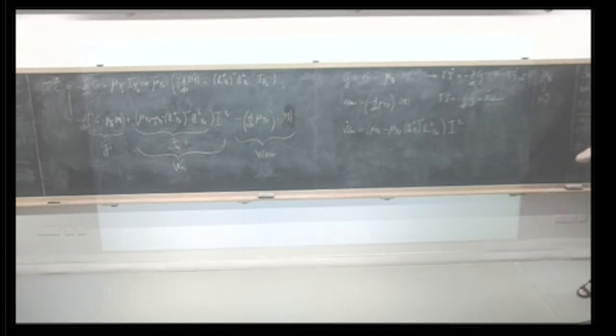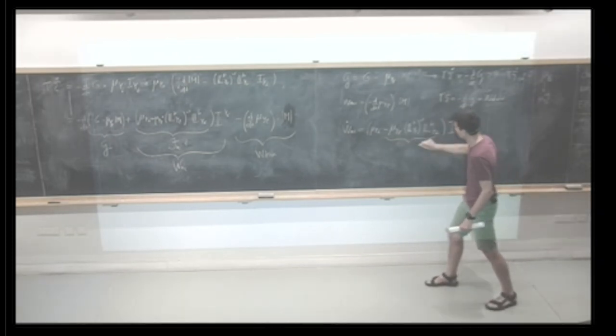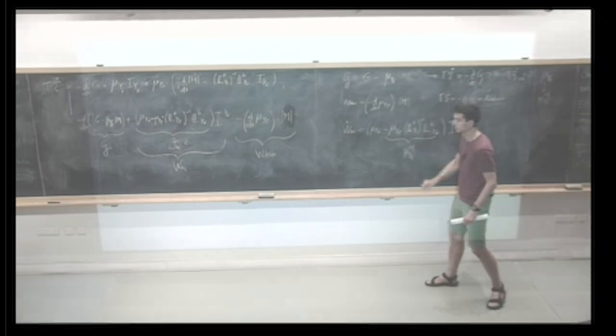We can choose whatever chemical potential we want for the potential species. The system will relax towards an equilibrium, and at that equilibrium, the chemical potential of the force species is defined by the chemical potential of the potential species. And this is going to be the equilibrium chemical potential of the force species.